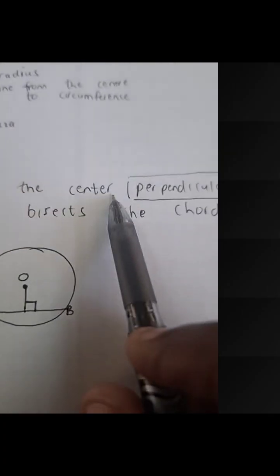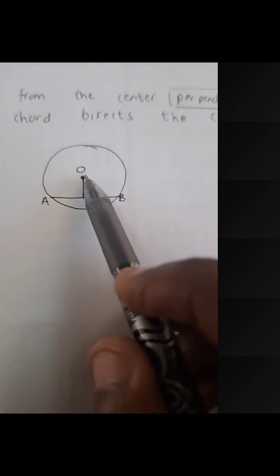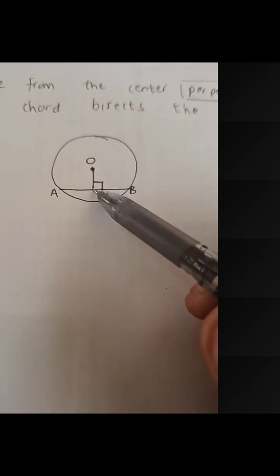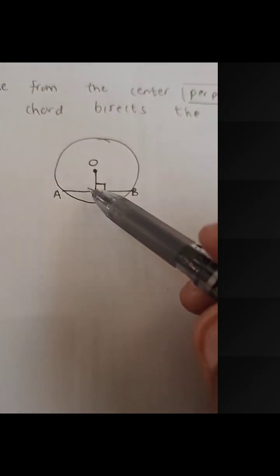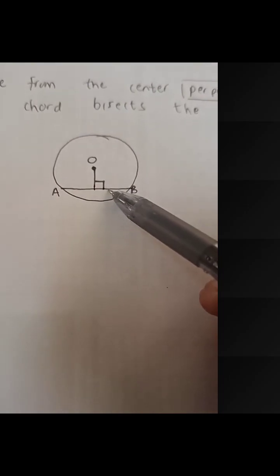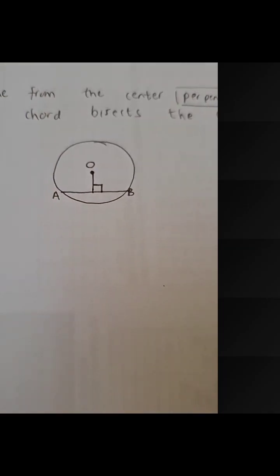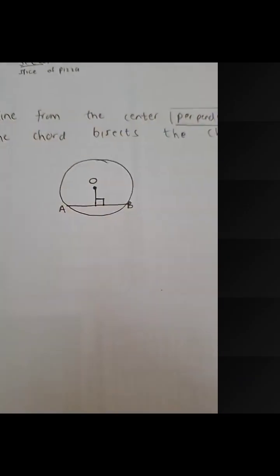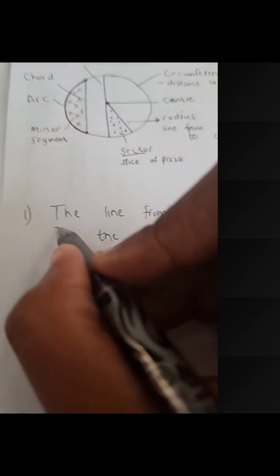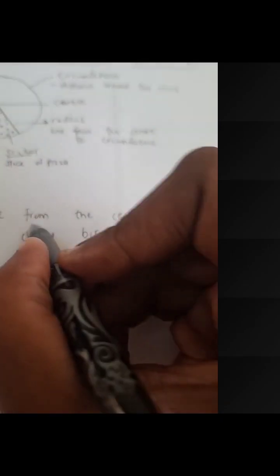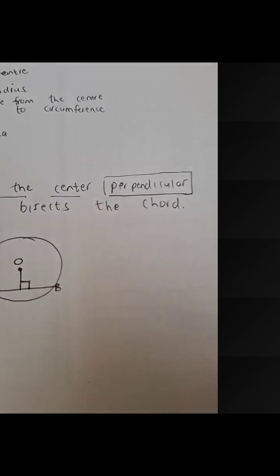So this theorem is saying the line from the center, perpendicular to the chord. So when this line from the center meets the chord, it makes an angle of 90 degrees. That is what is given.